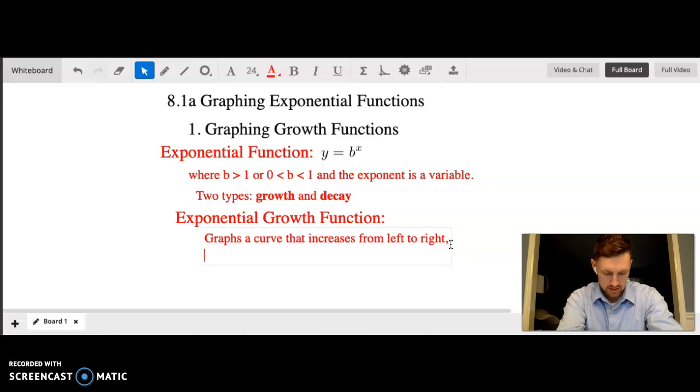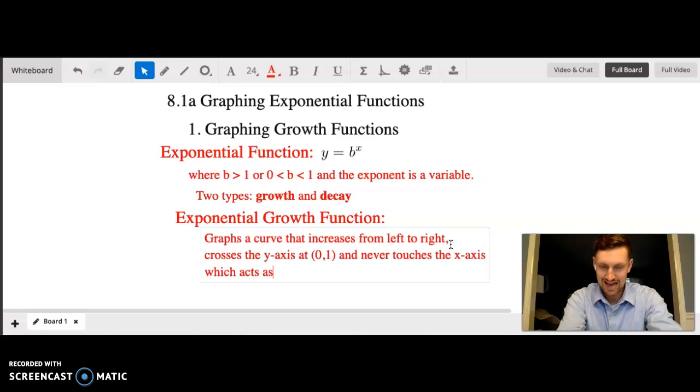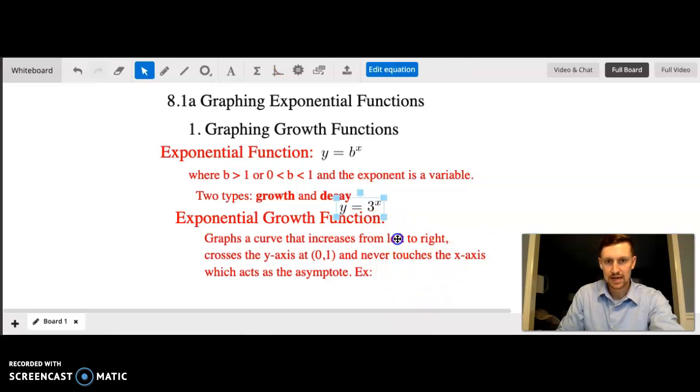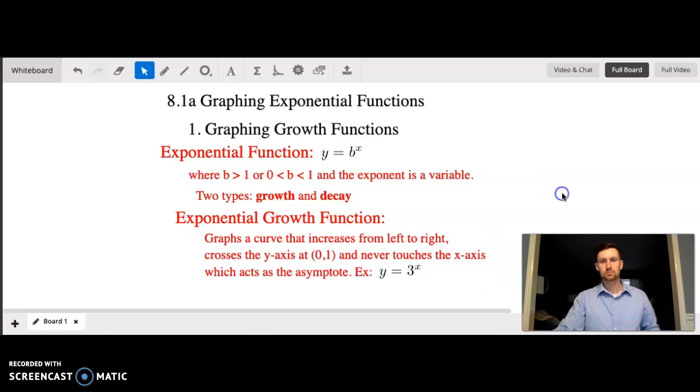Also, it crosses the y-axis at (0, 1) and never touches the x-axis, which acts as the asymptote. If we were going to do an example there, it'd be y equals 3 to the x power. So an exponential growth function essentially graphs a curve that increases from left to right.